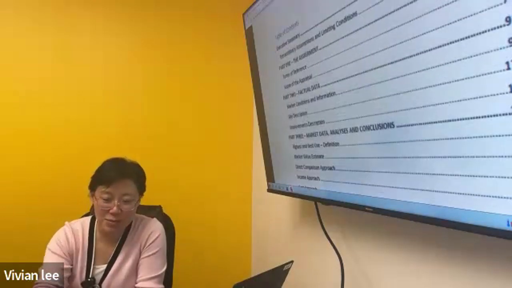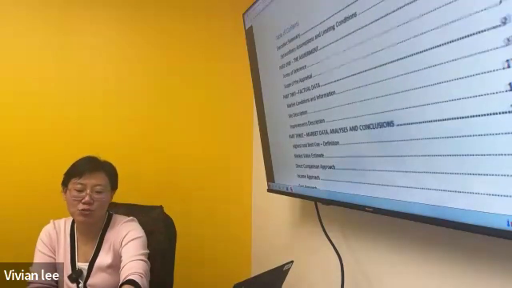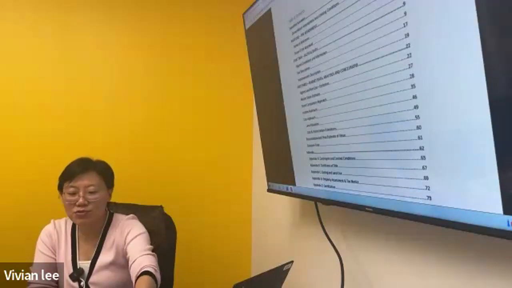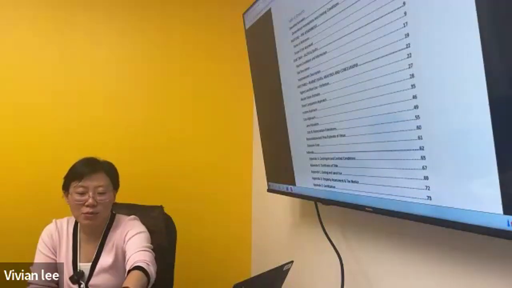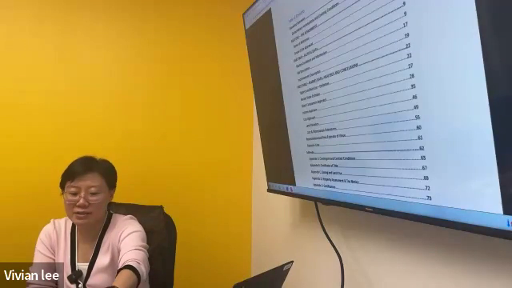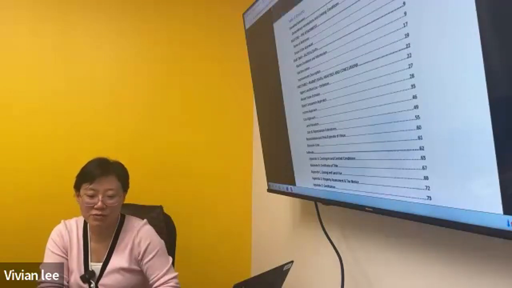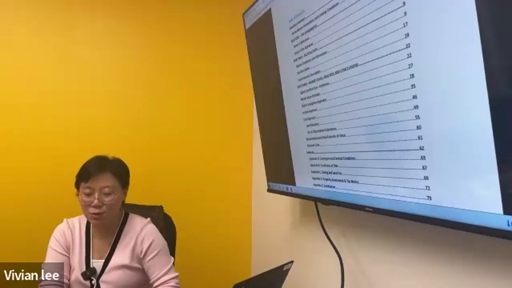Anyways, this is the table of contents, because I thought I'd show you, since this outlines exactly what we talked about. They don't really follow the same order, but there will be a table of contents, then you have the executive summary, and then your terms of reference. Then they'll tell you about the market conditions, the site, the highest and best use of the property, and give you the comparisons.